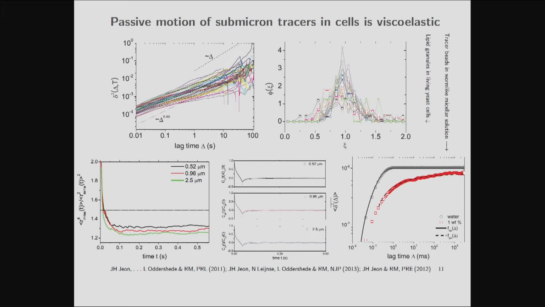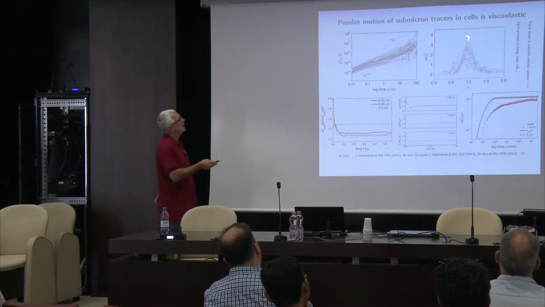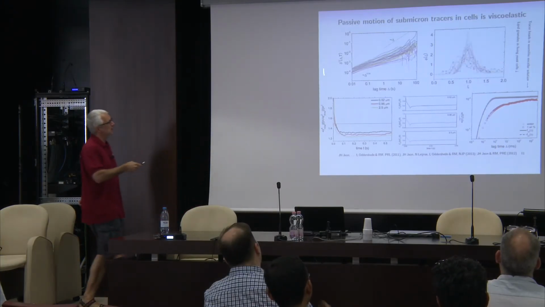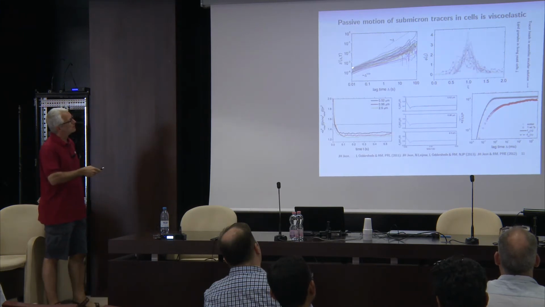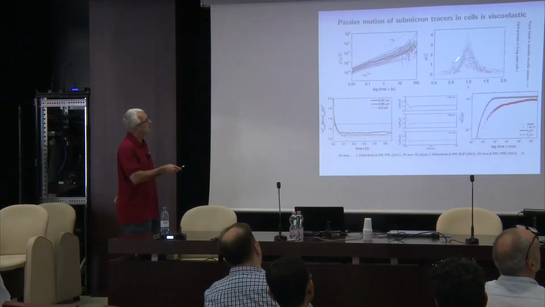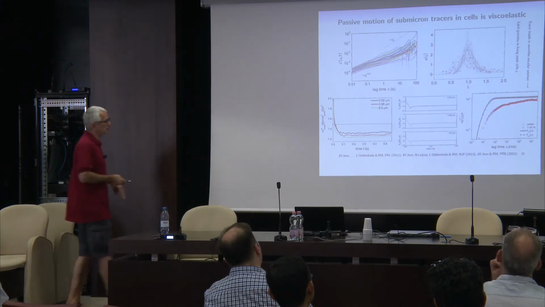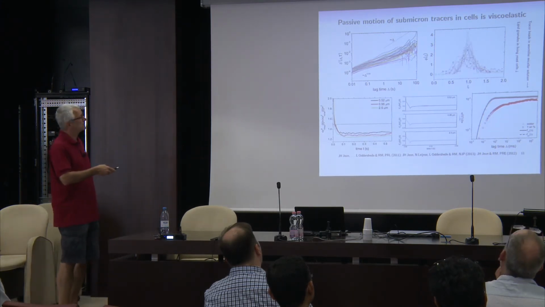When you look at similarly sized objects in real cells, these are typical results that we have. You see high amplitude variations here, but when you plot them with this dimensionless quantity that I defined on the previous slide, you see that it's still a distribution that's pretty much centered around 1. This will be very different for the non-ergodic processes I will show you afterwards.